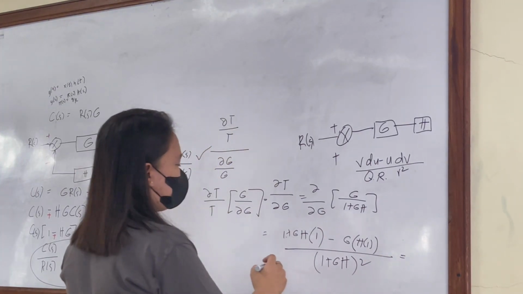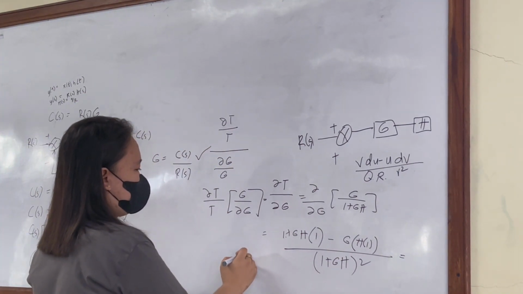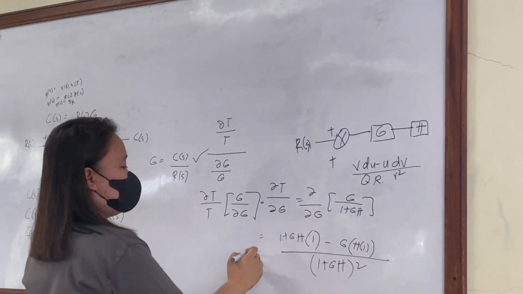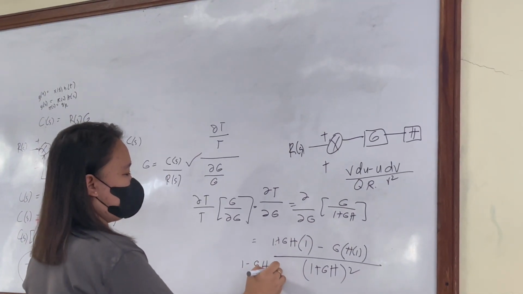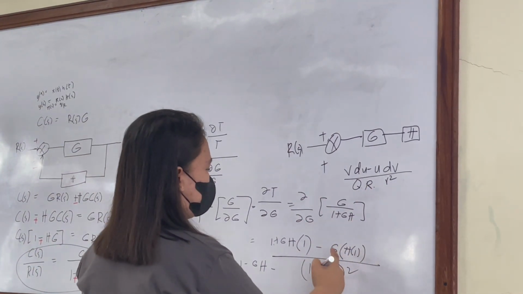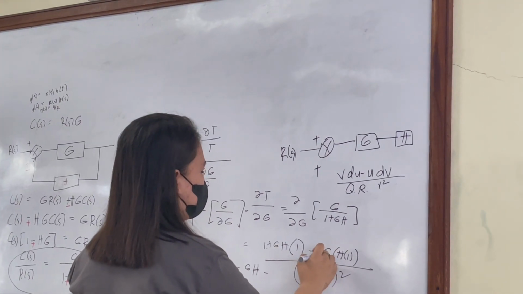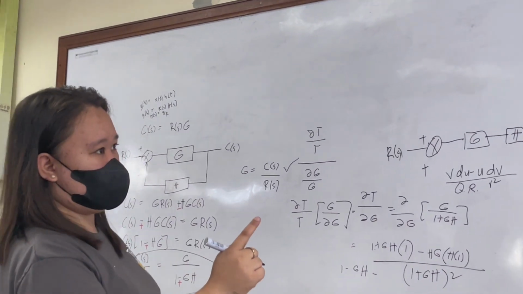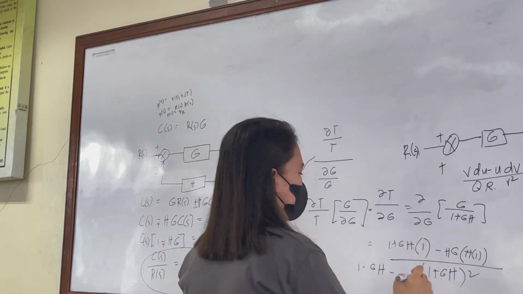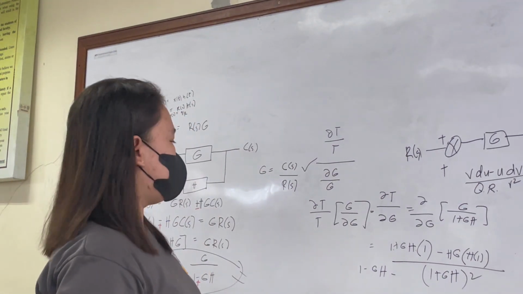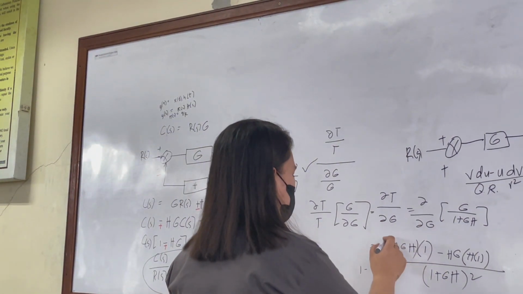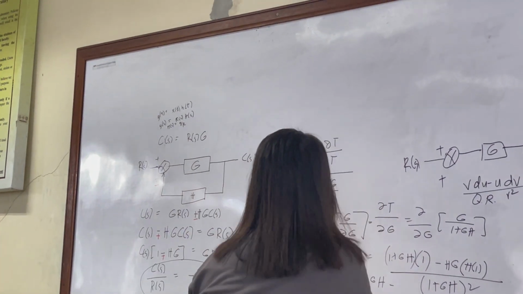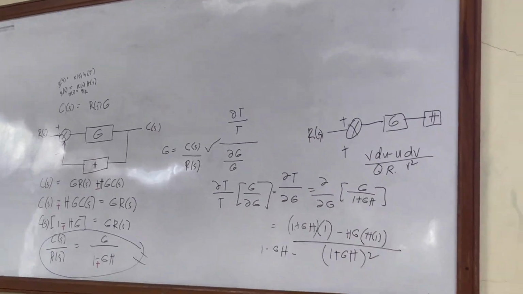So this is equal to ilan yung plus? 1 minus GH minus GH times 1 minus GH. Sakto. Pwede rin sa na class. Pwede na miss.